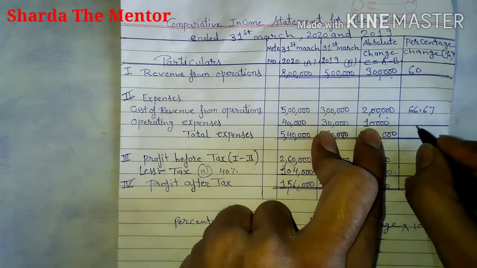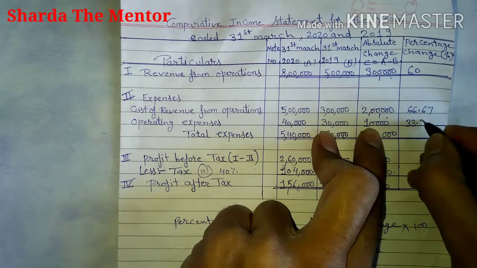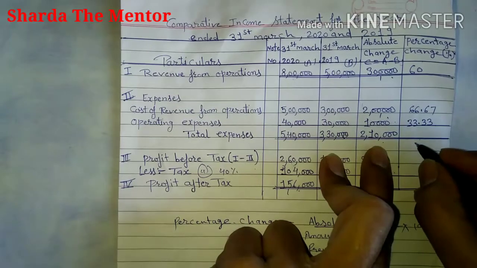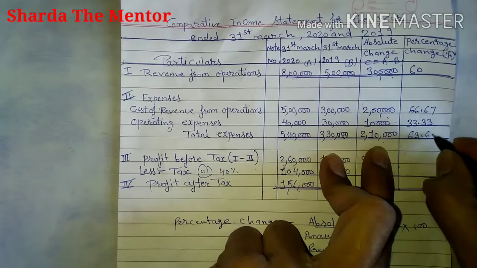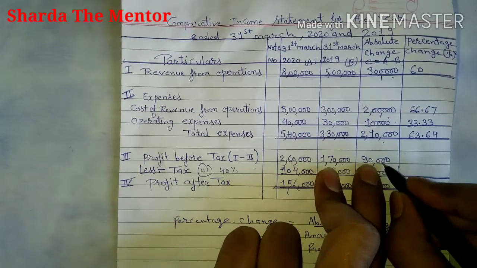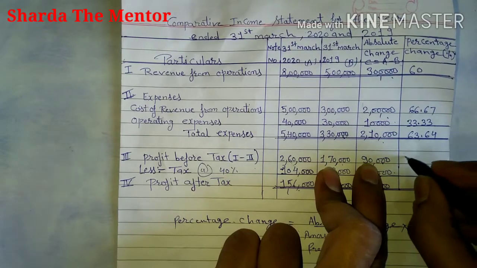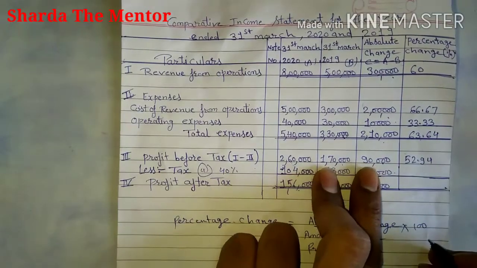In the same way, 10,000 divided by 30,000, that value is around 33.33. 2,10,000 divided by 3,30,000, that value is 63.64. And here 90,000 divided by 1,70,000, that is 52.94%.